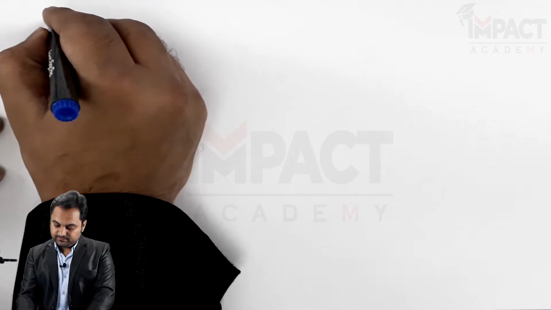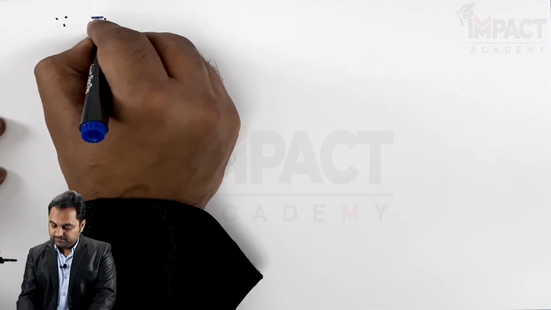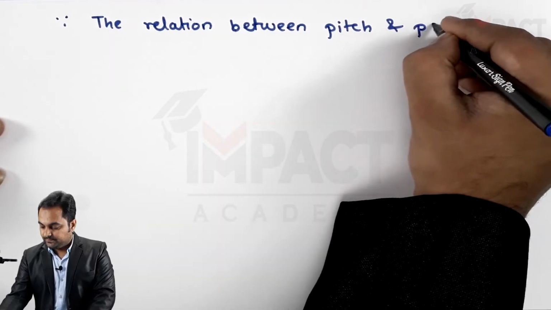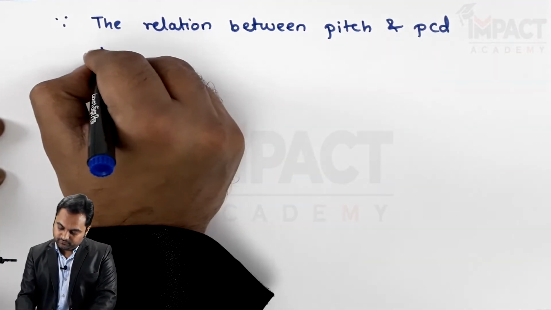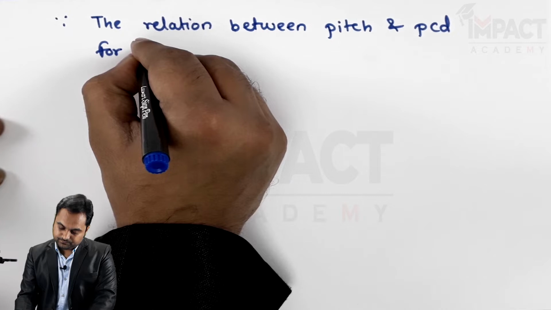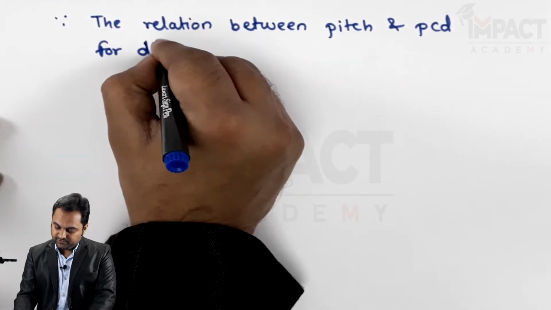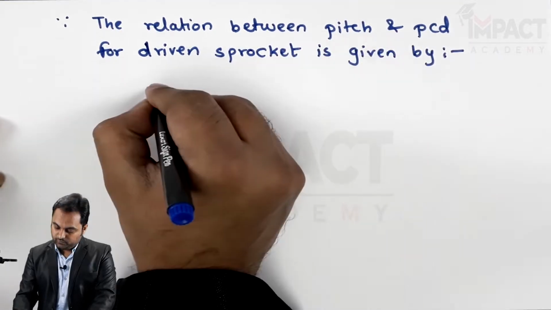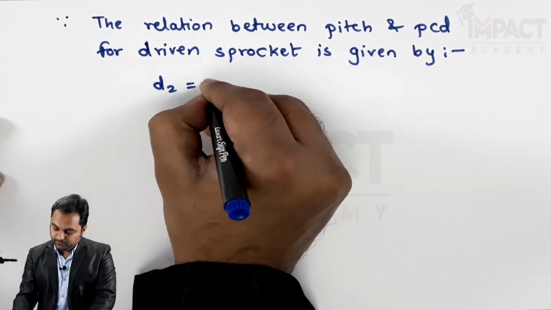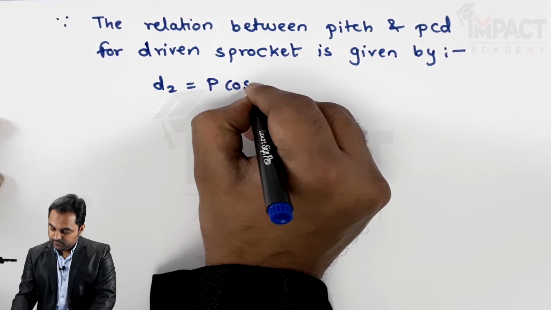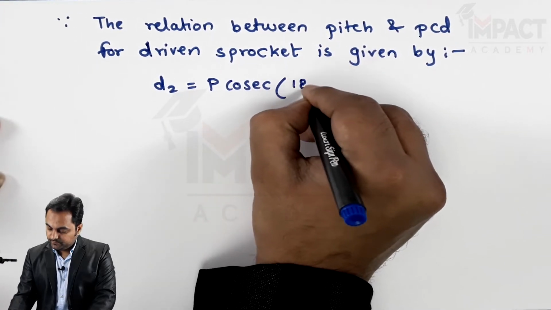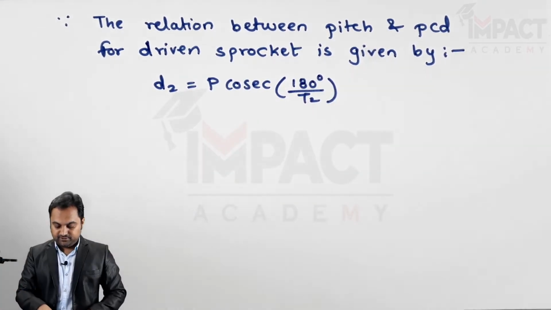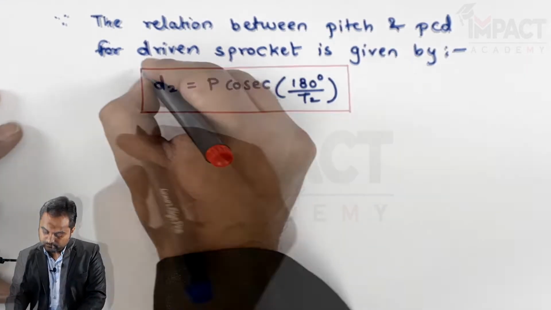We can use any one. I'm using the driven sprocket. You can even use the driving sprocket. So D2 is equal to pitch into cosec 180 degree divided by T2. I'm using the formula for the driven sprocket.